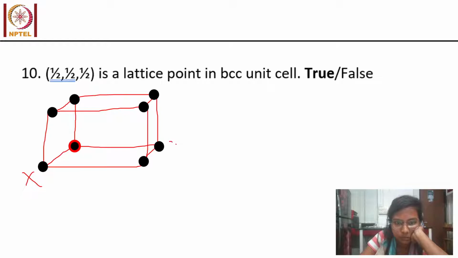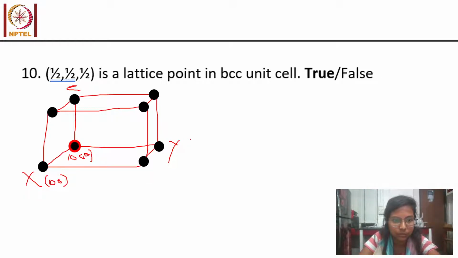This is X, this is Y, this is Z. So this is origin, this is 0, 0, 0, and then it's 1, 0, 0.